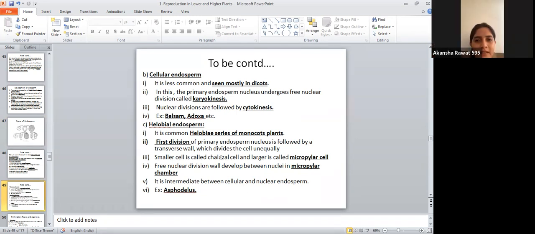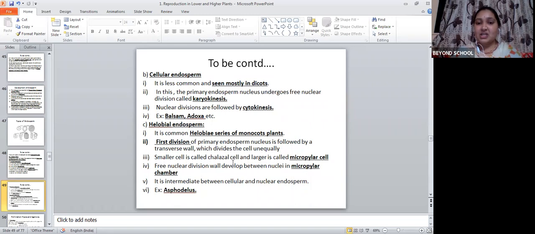Now the smaller cell is called the chalazal cell, and the larger cell is called the micropylar cell.